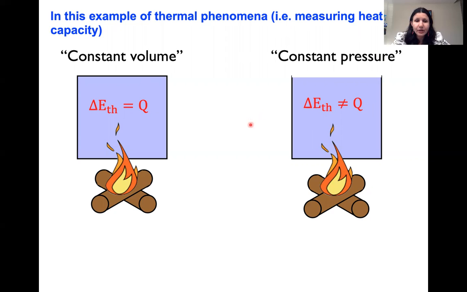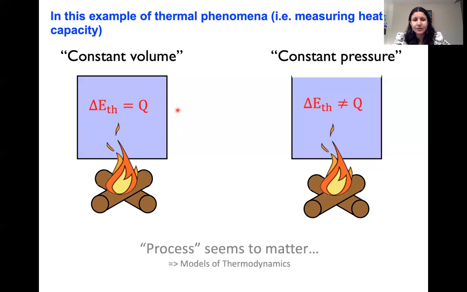So we will look at a lot of these different types of processes, introduce some new ones, and develop this general model of thermodynamics in the next couple of lectures. All right, I think that's it for today. So process matters, different processes gave us different results, and that's what thermodynamics will be all about.